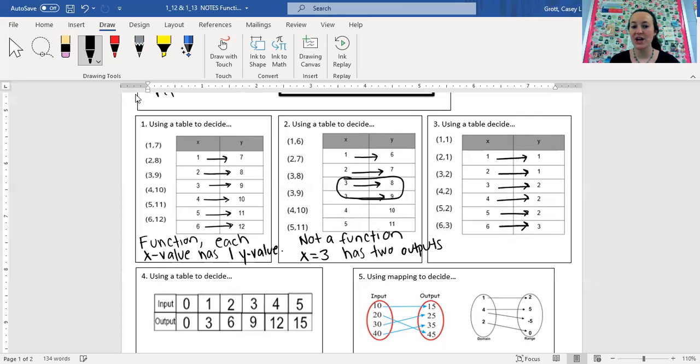No, we keep talking about each X value. I did not have any X values repeat here. This is a function. Each X value has one Y value. I don't care what Y is doing. Y could be the same number all the way down. All we care about is X repeating. Does each X have one specific Y value that it goes to?